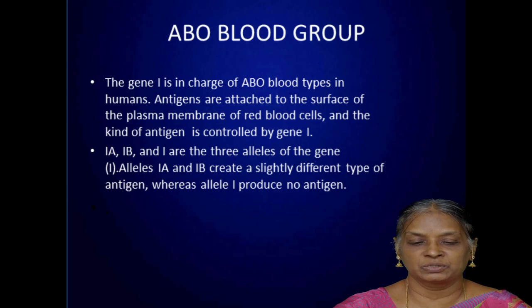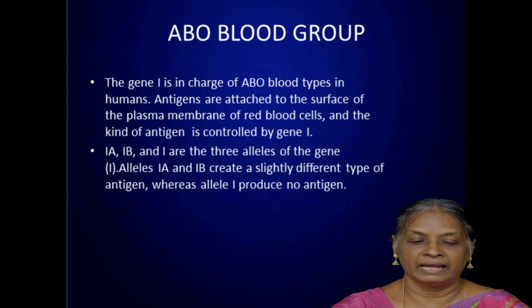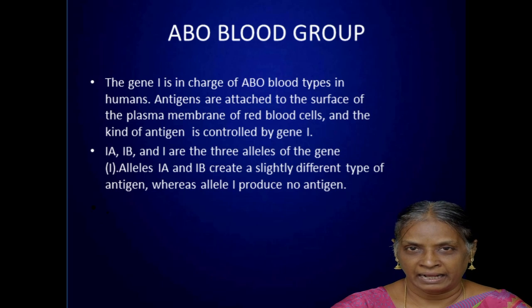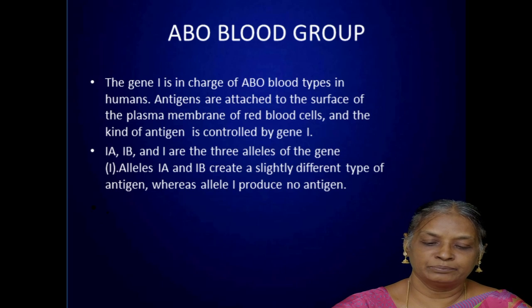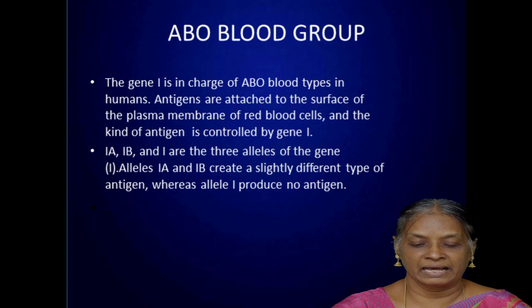The antigens are attached to the surface of the plasma membrane of red blood corpuscles, and the kind of antigen is controlled by the gene I. IA, IB and i are the three alleles of the gene. Allele IA creates antigen A, allele IB creates antigen B, whereas the allele i does not produce any antigen.